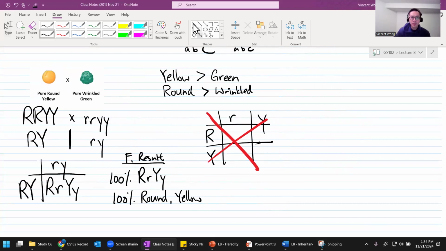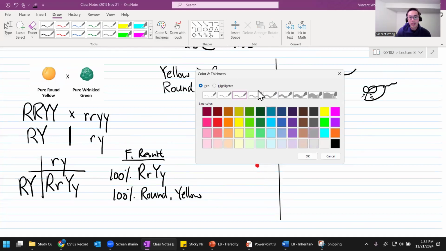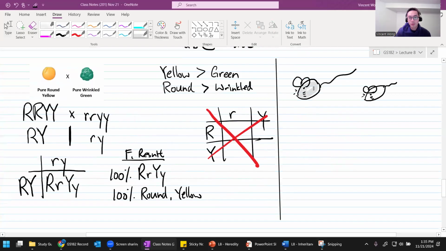I'm just gonna go over here and do the mouse thing again with you. So over here, we have a mouse with gray coat and long tail. And then here we have white and short tail.